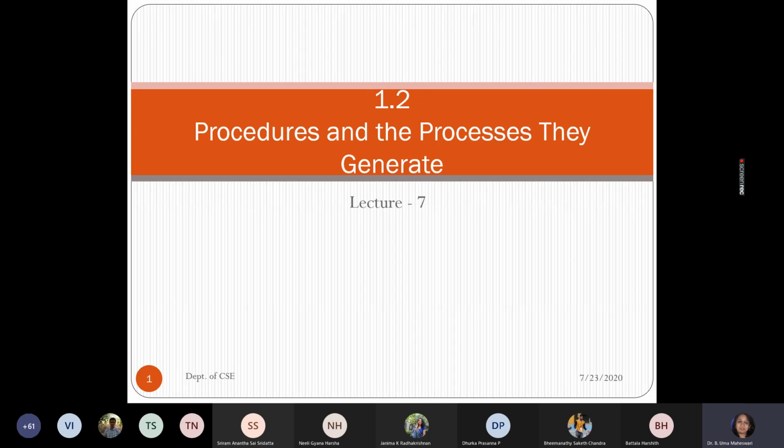Whenever you are calling a procedure, what is happening inside? The processes are created. Each process will be generating other processes, and those will be generating other processes, etc. Sometimes the process will call another process. The process will give birth to another process. The child processes are created.